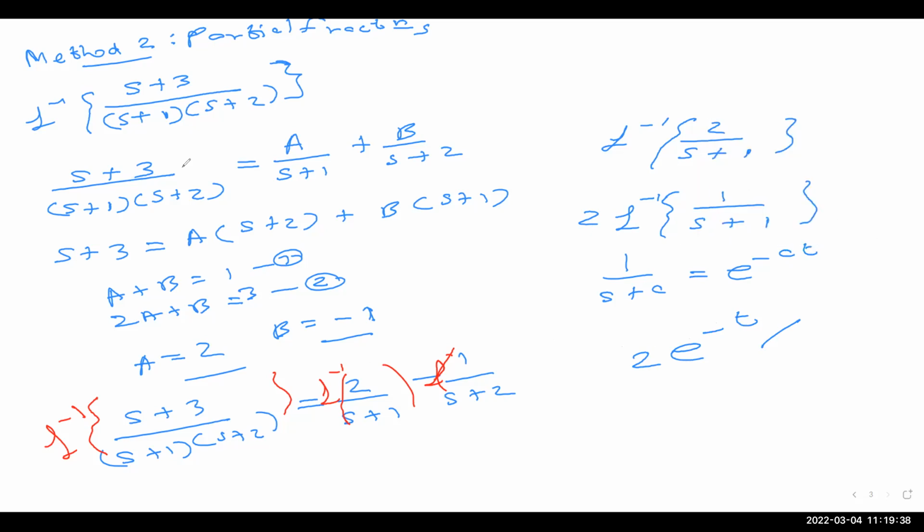If we get the inverse Laplacian of minus 1 over s plus 2, our a is 2, so it's minus e because of this minus 2t.